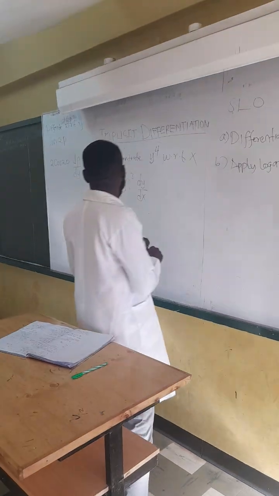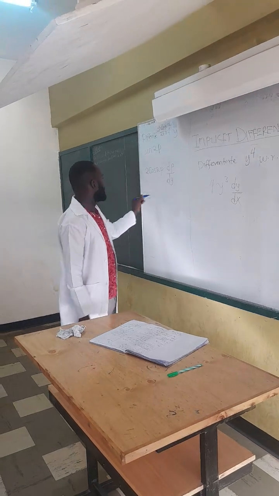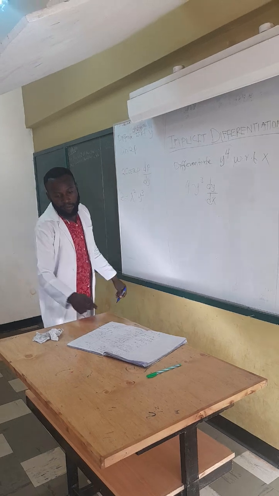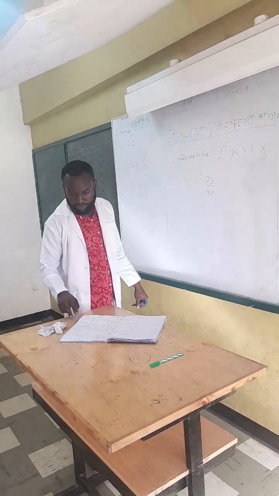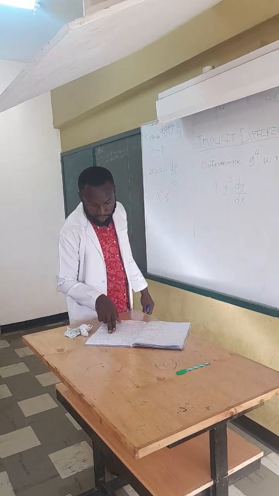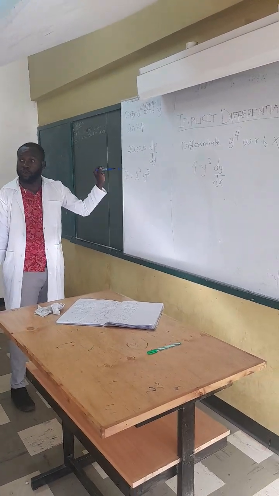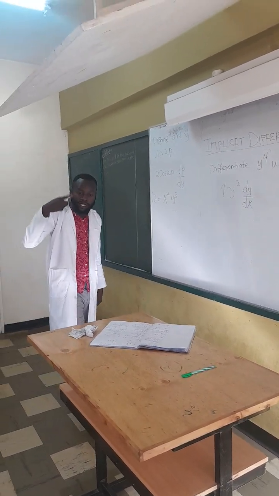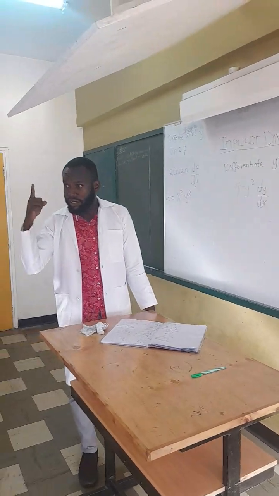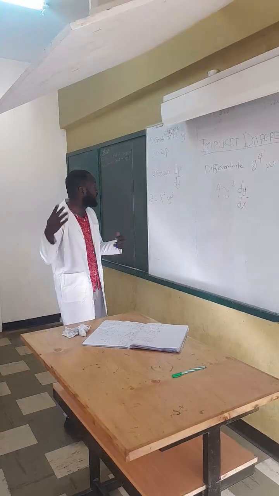So let me have another example, maybe a complex one. Let's say given z is equal to x squared y cubed. And you've been told to differentiate this function with respect to y. Now, keeping in mind that you've tackled all the methods of differentiation, that is the product rule, quotient rule, the chain rule. So I know you can recall them.